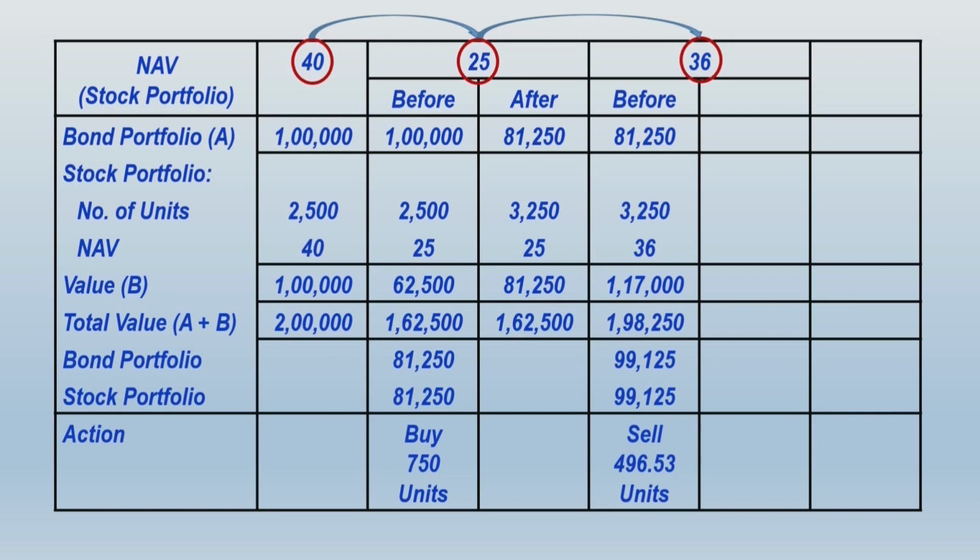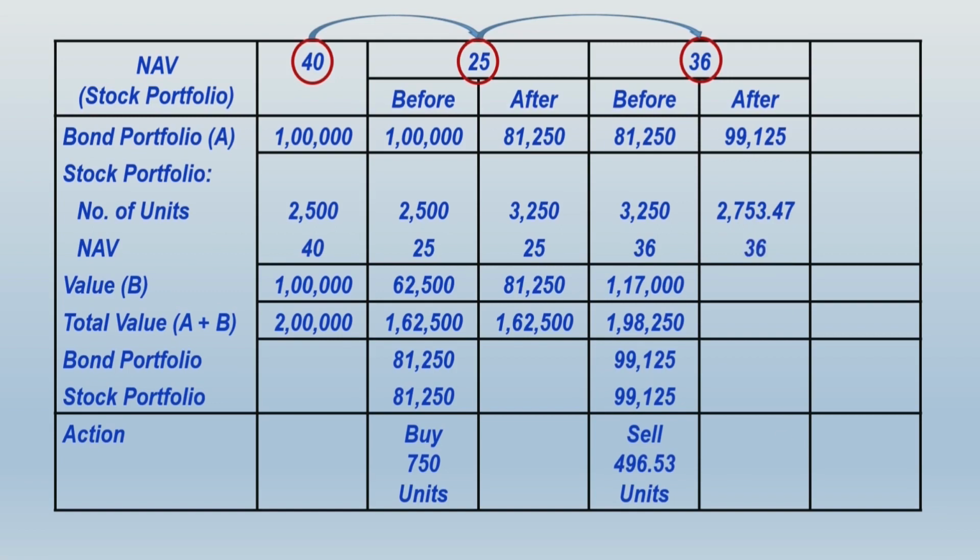So if we talk about the position after, I will have 99,125 in the bond portfolio and 2,753.47 units. Now how do we get these units? Revised units. 3,250 were old units. You have sold 496.53 units. The balancing units will be 2,753.47 units.